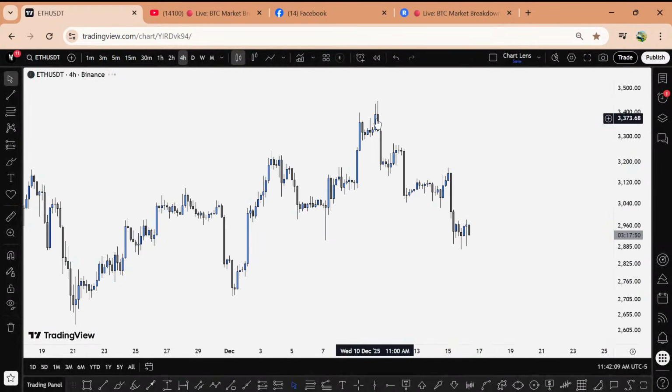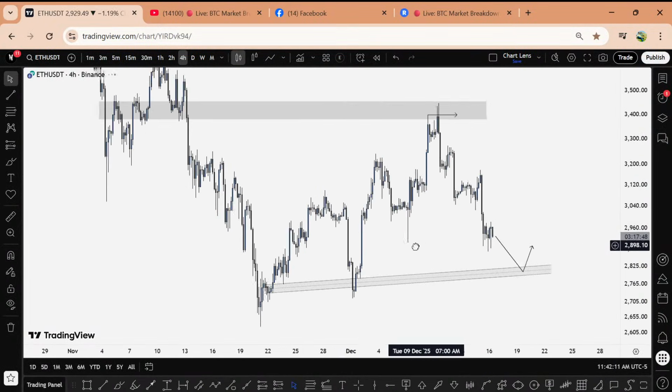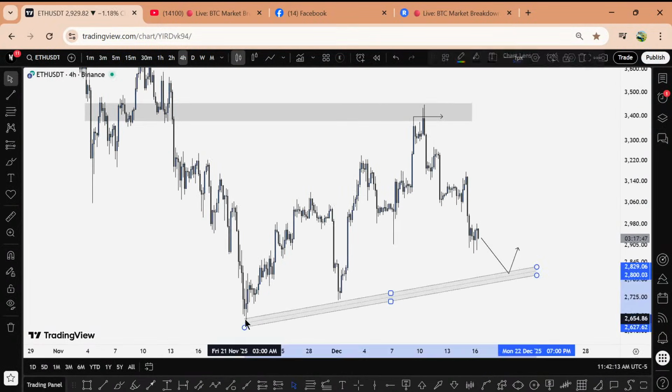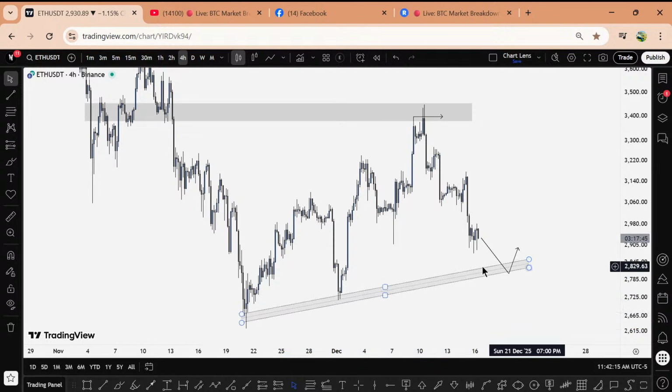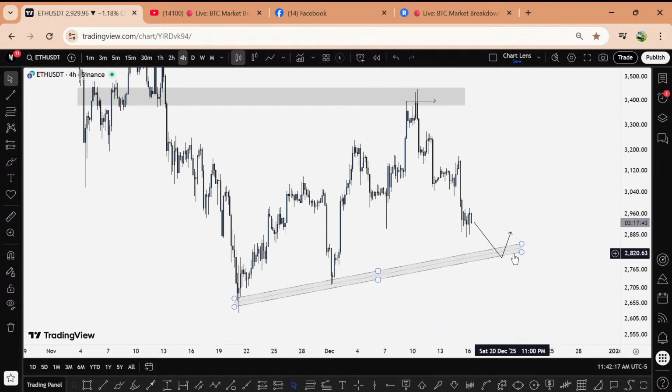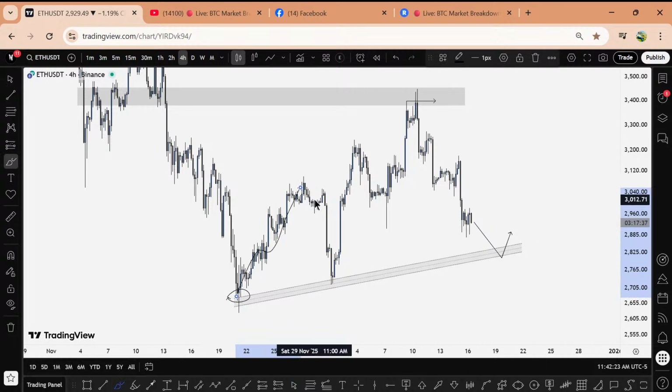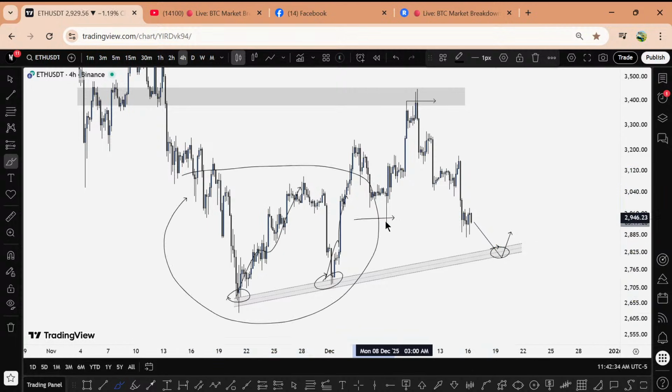Well, let me check out ETH. You can clearly see ETH. This is a low range trend line. Why is this trend line very important? Because you can clearly see the first tap, we saw a really big upside pump. Second tap, same thing happened. Now the third scenario is expecting the same historical pattern, same here as here.